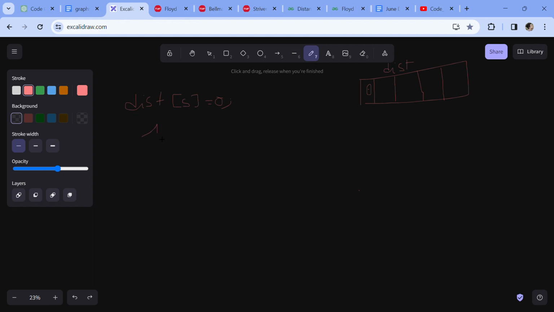We will run a loop from 0 to n minus 1 iterations, because we have already visited this first node.